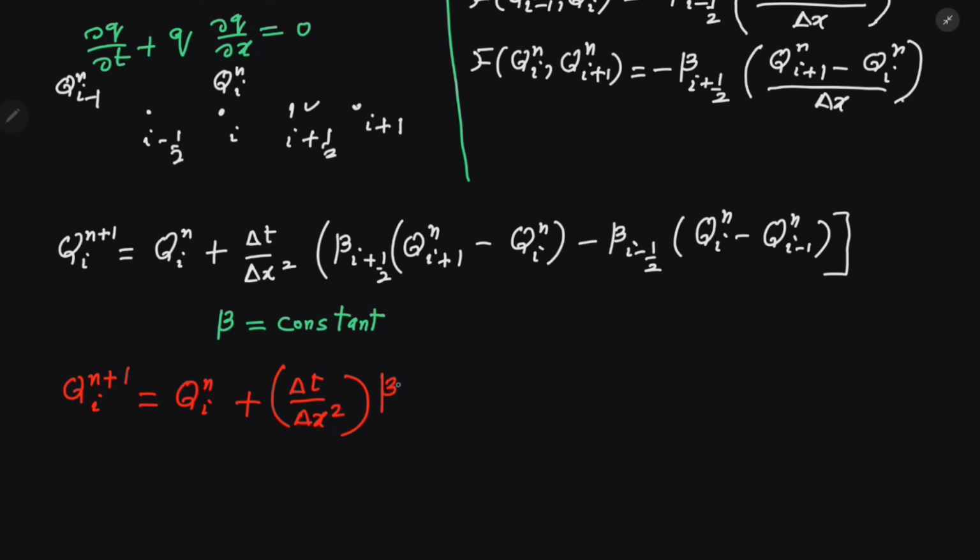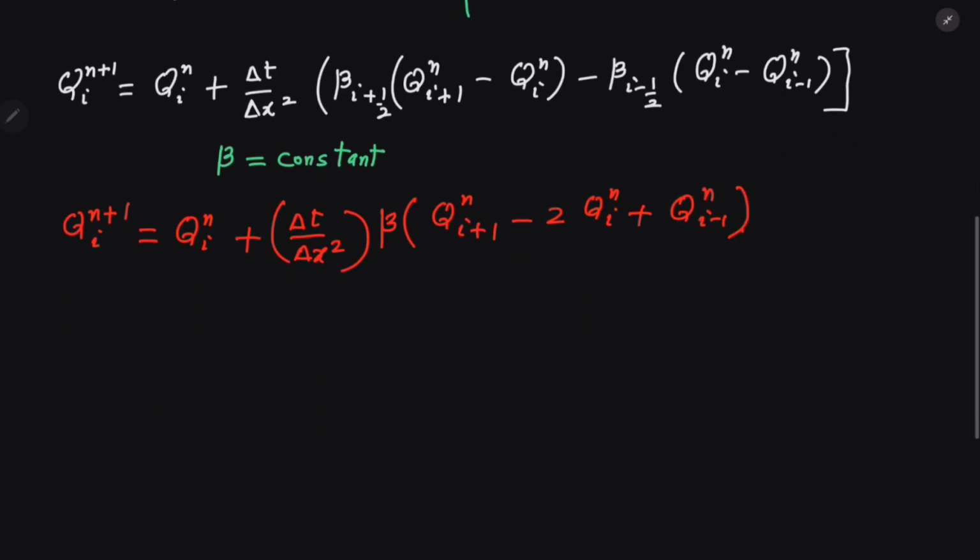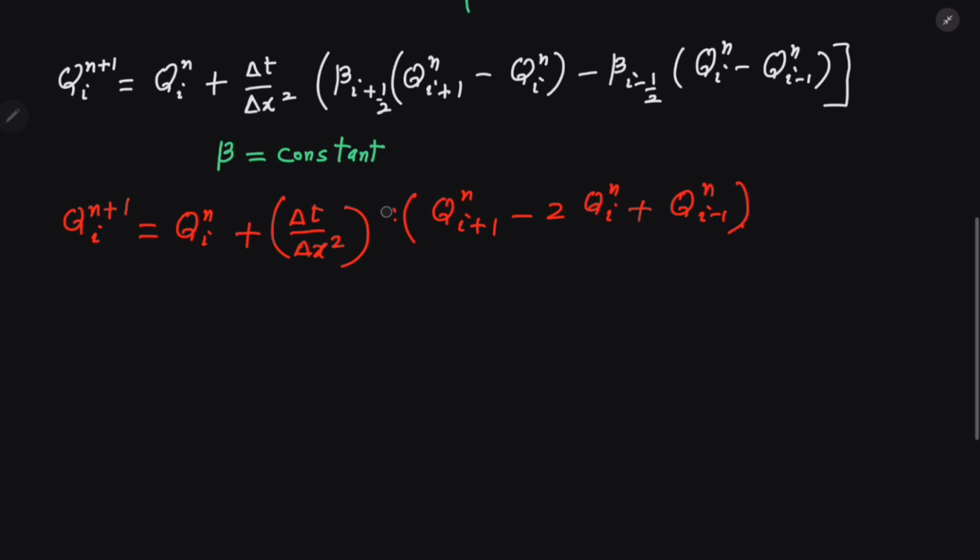Beta will come outside from the brackets since it is just a constant, and then we have q n i plus 1 minus 2 q n i plus q n i minus 1, multiplied by beta delta t by delta x square.